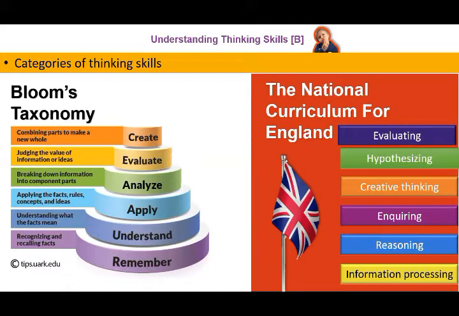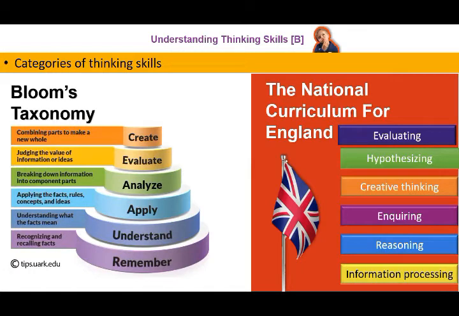So the next stage is inquiring, and this is quite similar to applying. After you understand certain information, you are trying to apply these different facts. Then in inquiring, you are trying to ask, or let a student ask themselves, why.